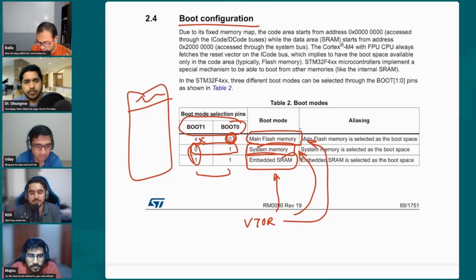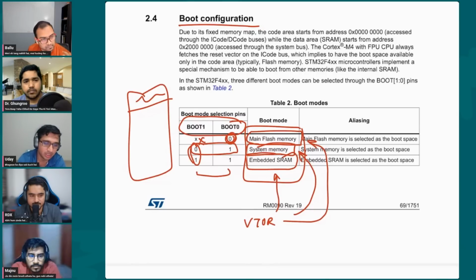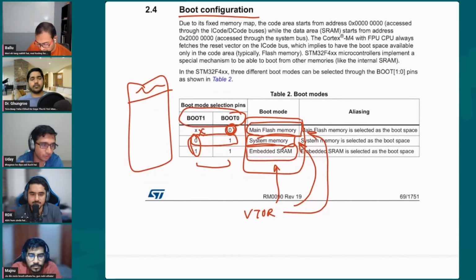And where are the addresses for these memories? Where can we look that up? The first reason this is crucial is that we want to put our code specifically at these addresses. So the next thing is to figure out the addresses of these memories so that we can modify our linker script to put our code over there.